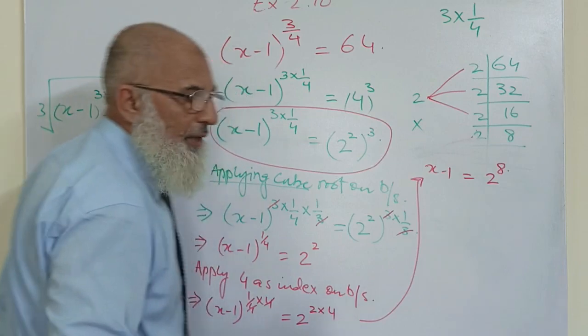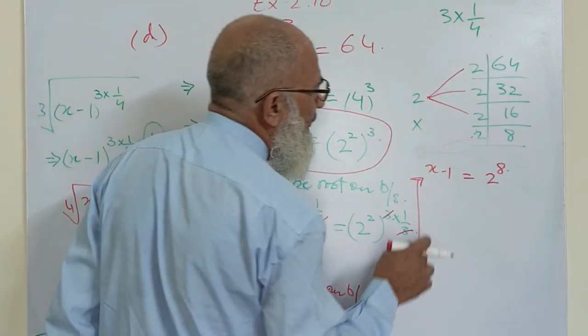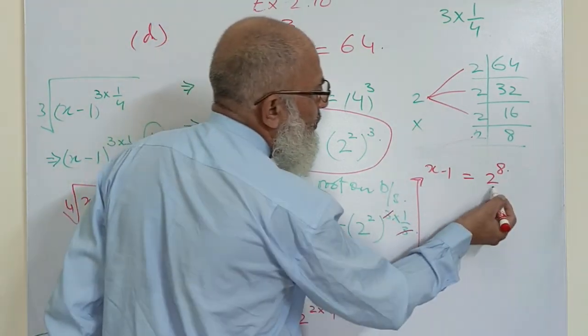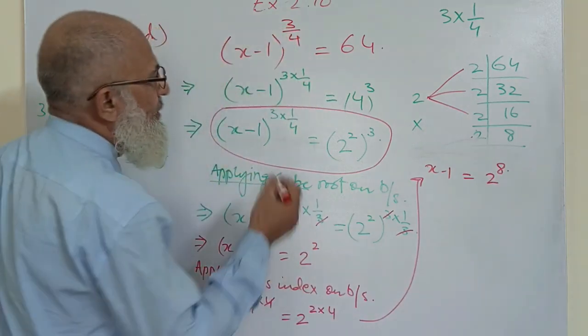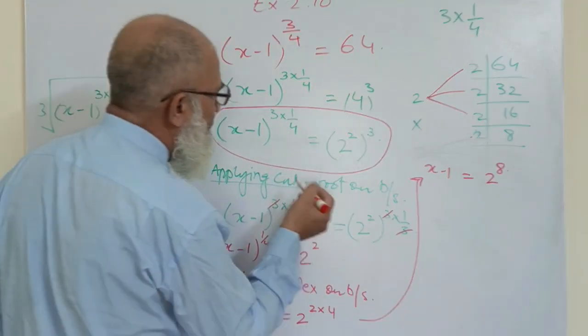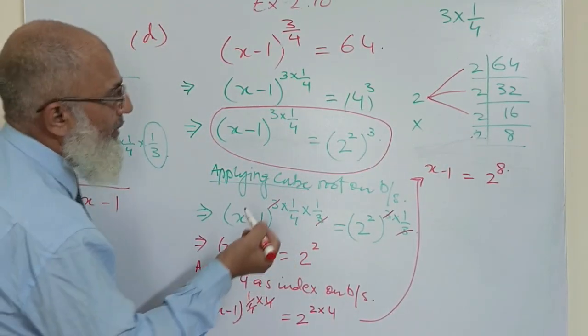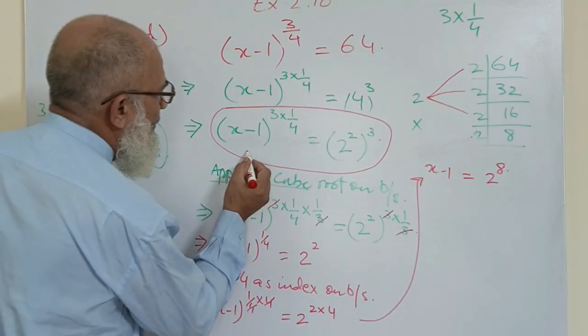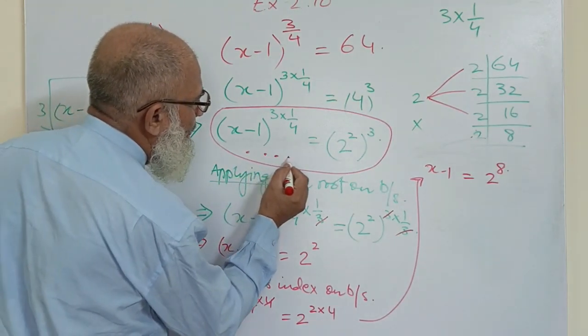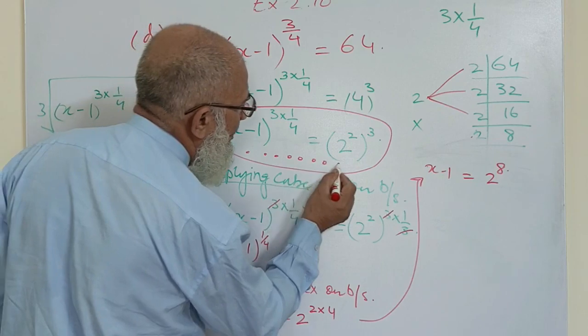We never write 1 as an index. So what is 2 raised to power 8? Now let me do it like this somewhere here. 1, 2, 3, 4, 5, 6, 7, 8.